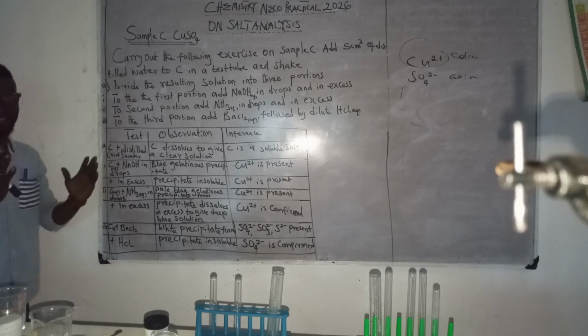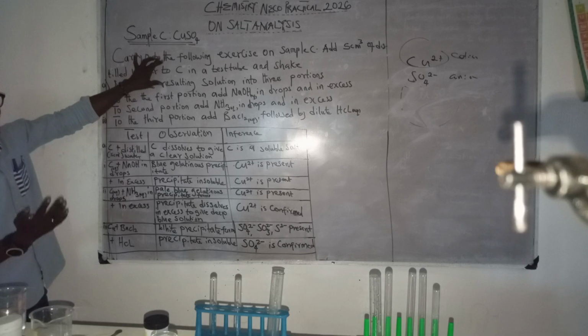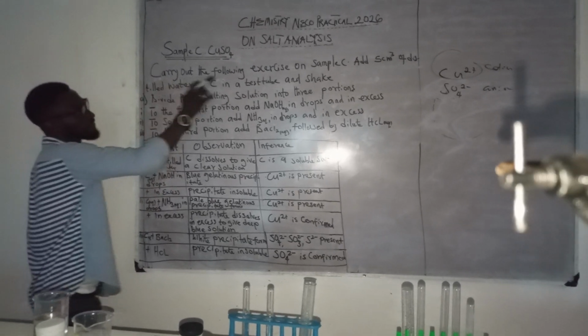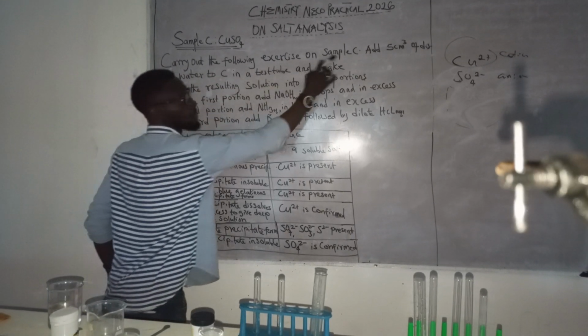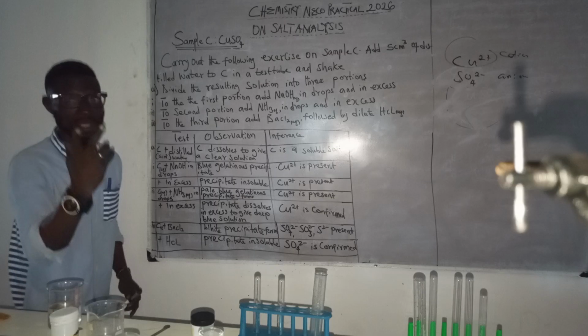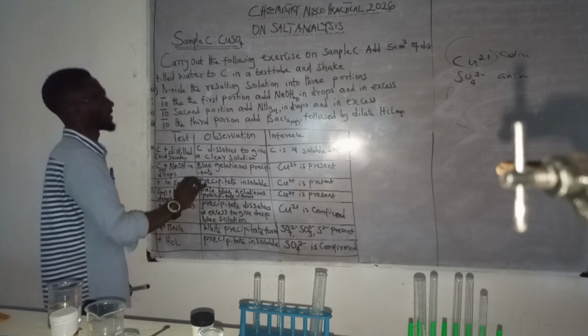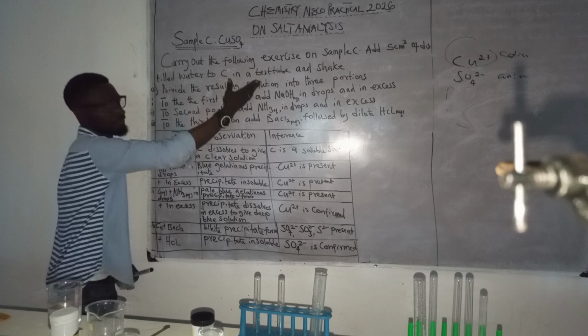Now, this is the instruction that has been given to us to carry out the practical. First, we are asked to carry out the following exercise on sample C. What is sample C? Remember, I told us earlier that our sample C is our copper 2 sulfate.